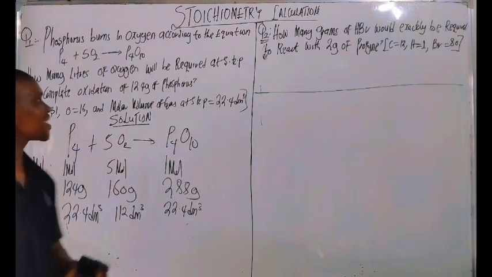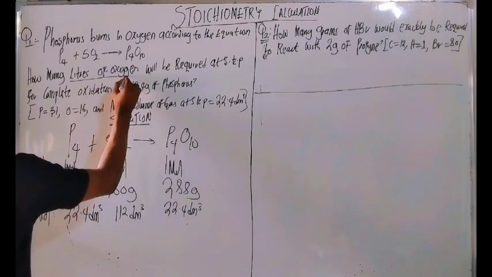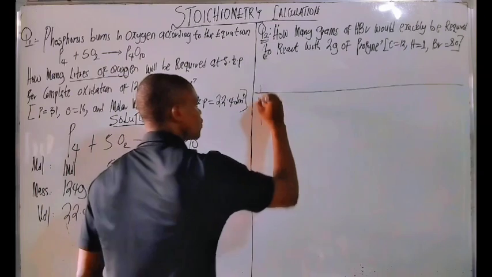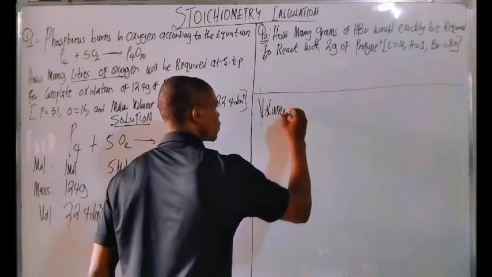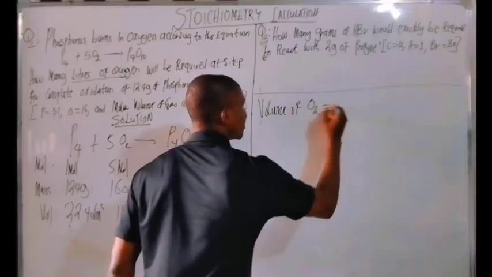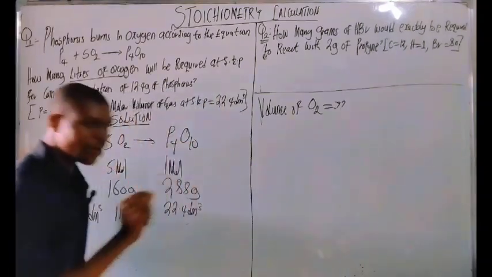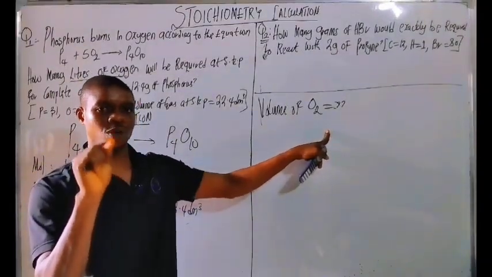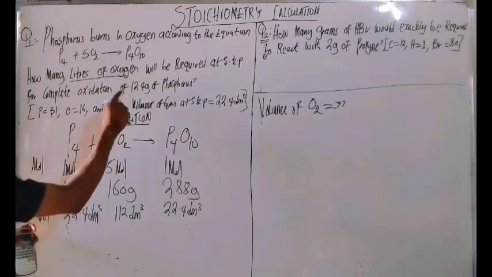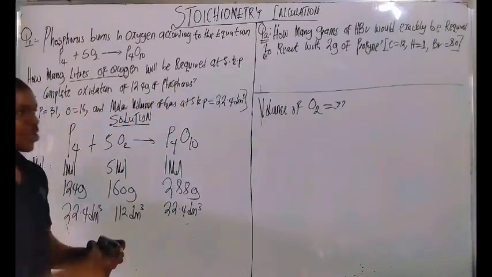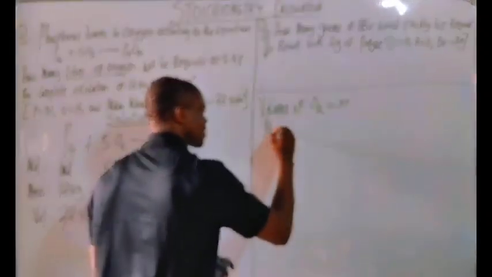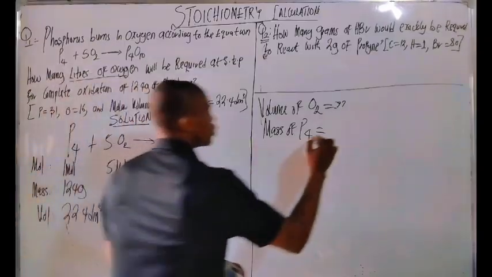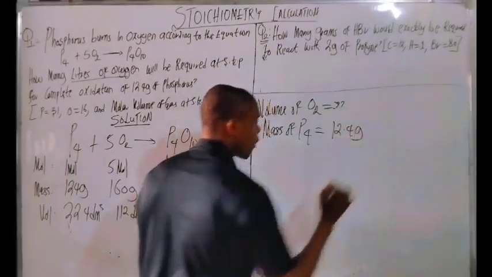They say liters of oxygen, and liters is volume. What they're asking us to look for is the volume of O2, oxygen gas. Now they gave us 12.4 gram of phosphorus, right? So the mass of P4 was given to me to be 12.4 gram. Hope you understand.